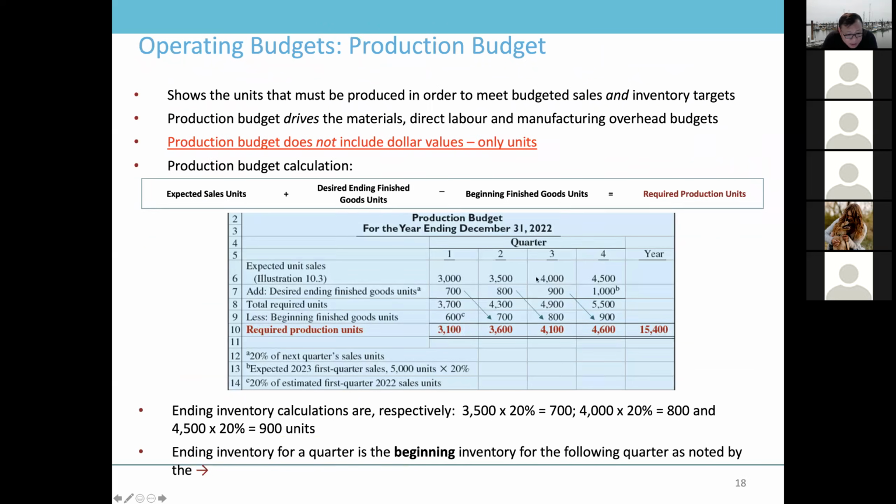Okay, so the ending inventory, the desired ending inventory units is 1,000. We are projecting the ending inventory at 1,000 units.